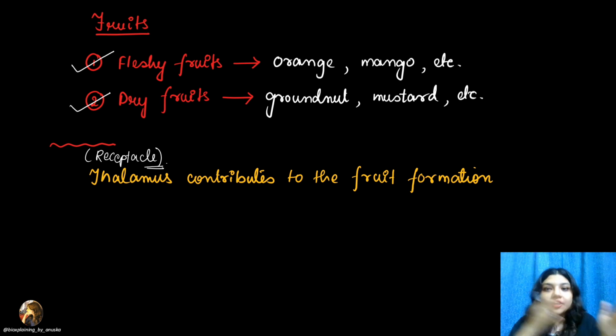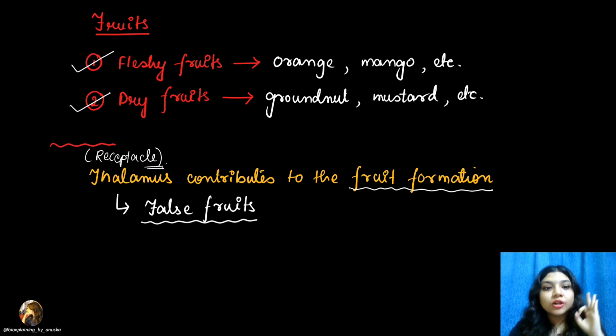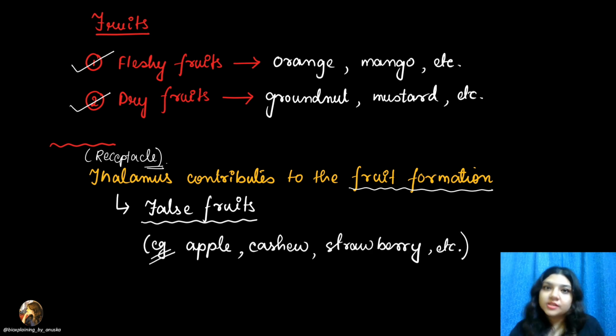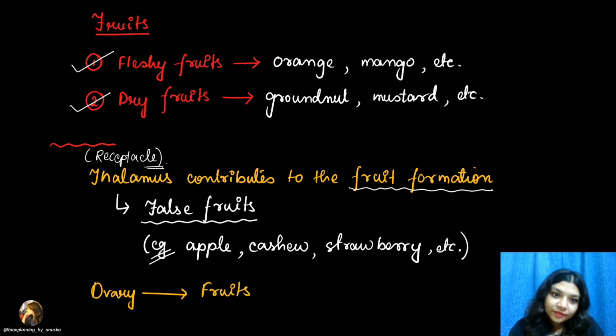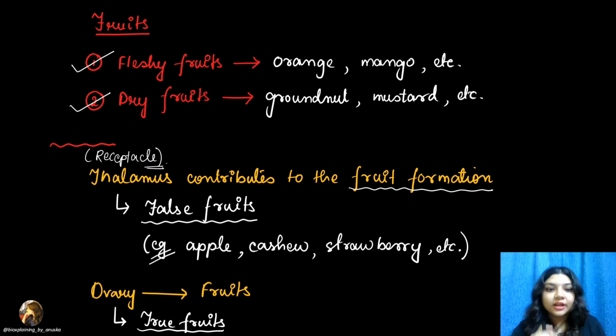So thalamus से अगर फ्रूट बनता है तो उस टाइप के फ्रूट्स को हम लोग क्या बोलेंगे? उसको बोलेंगे false fruits, right? For example, strawberry, apples, all these things. And normal case जो है, मतलब ovary से fruit, if it is formed, if fruit is the fertilized ovary, usual, then you call it to be a true fruit. ठीक है?